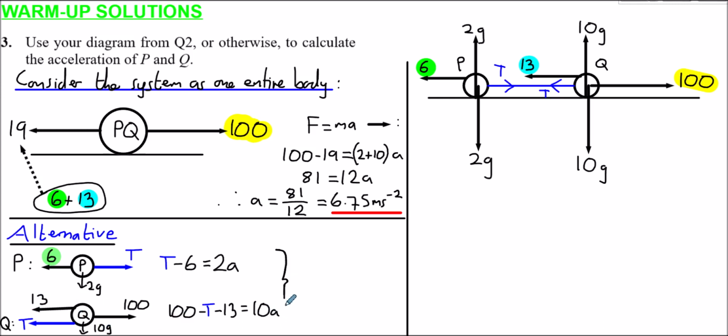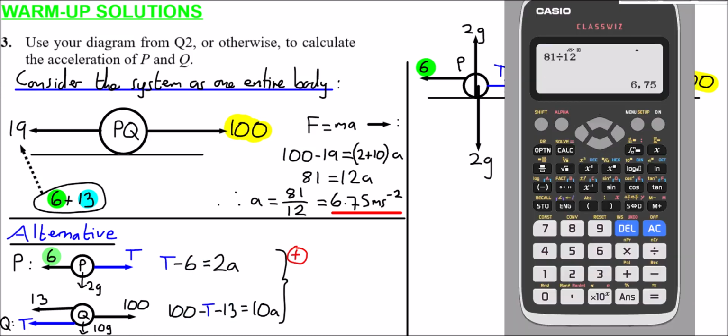So actually what we have here, if you look, is 2 equations we can solve simultaneously. We don't really want to know T, we're not interested in the tension. If you notice here, I've got a positive T here and negative T there. So if we were to add these equations together, the T's would cancel, and all we'd have on the left would be minus 6 plus 100 plus minus 13. So let's work this out.